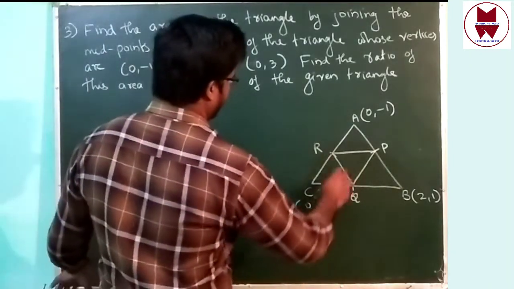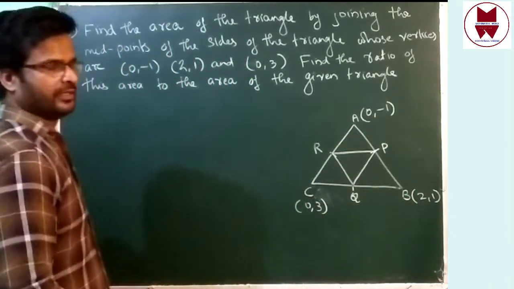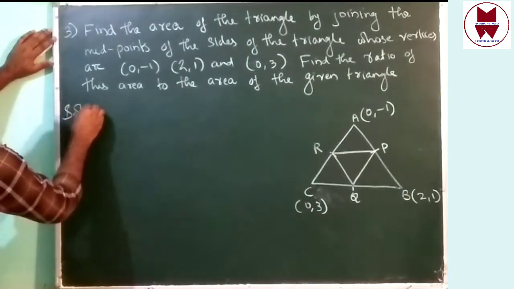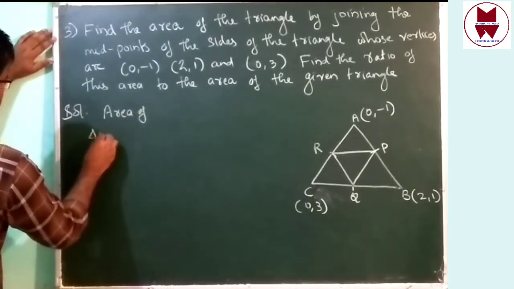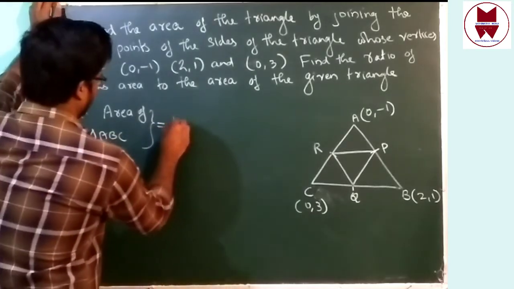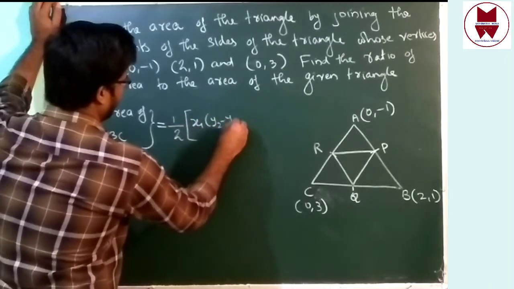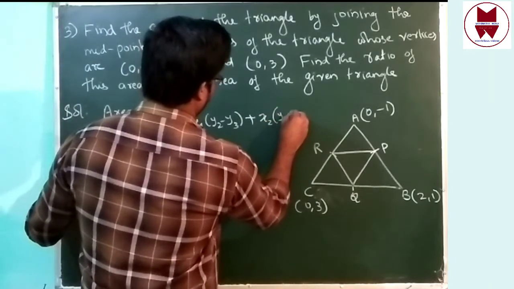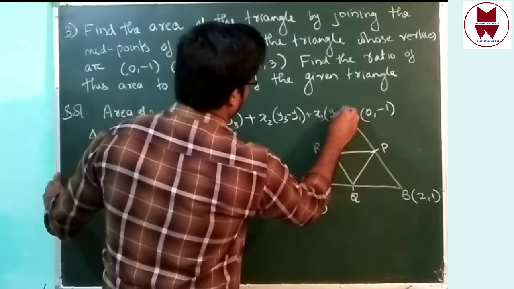First, we can find the area of triangle ABC because the coordinates are already given. Area of triangle ABC equals, using the formula, 1 by 2 times x1 (y2 minus y3) plus x2 (y3 minus y1) plus x3 (y1 minus y2).